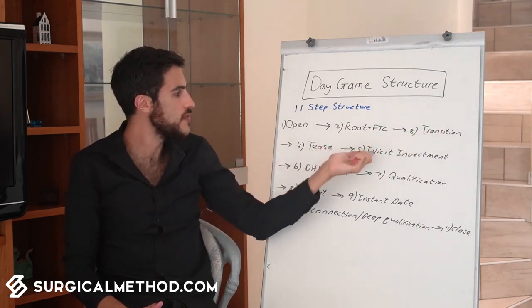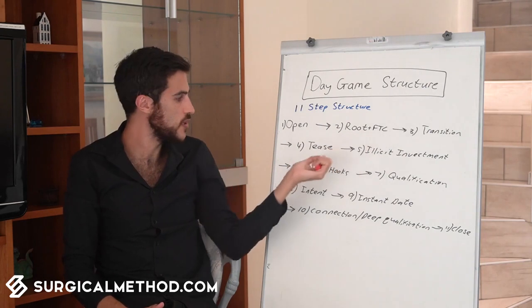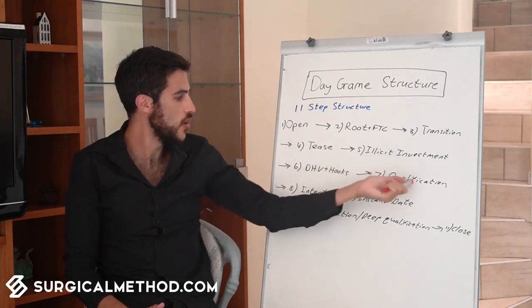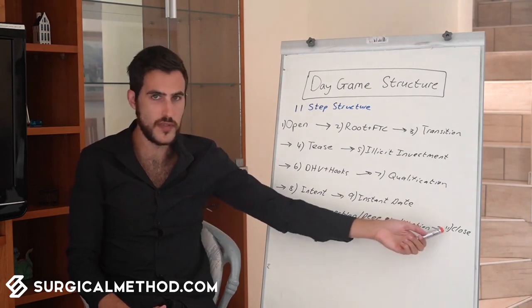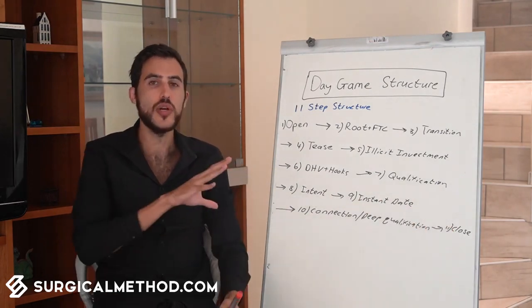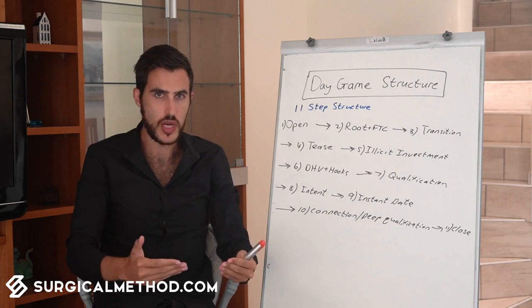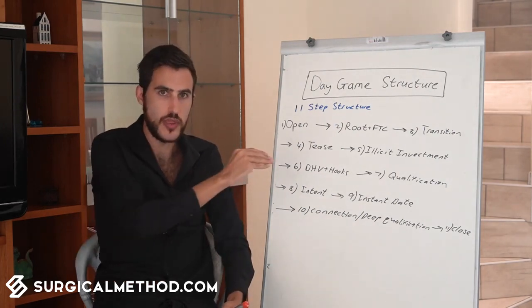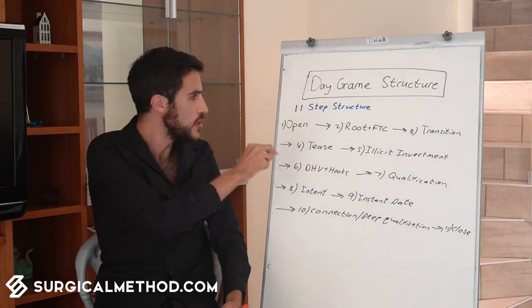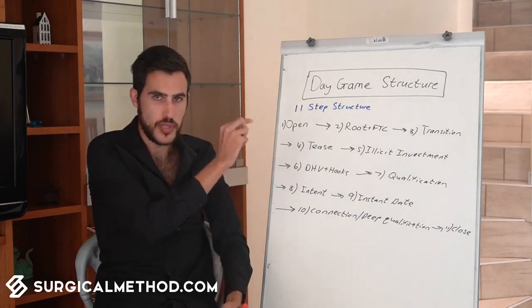There's all these videos: attraction videos, investment videos, DHV videos, hooks, qualification, intent, instant date, connection, and how to close properly. I'm just going to give you the overall structure. I'm not going to go super deep into each thing, because whatever you're having issues with, you can go into the program and go deeper into these individual principles.